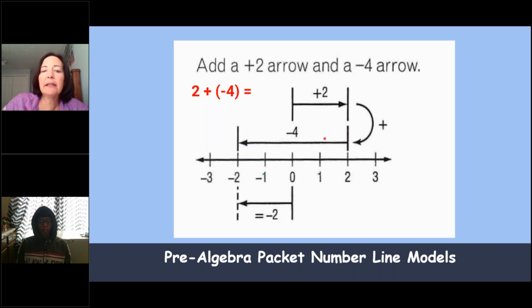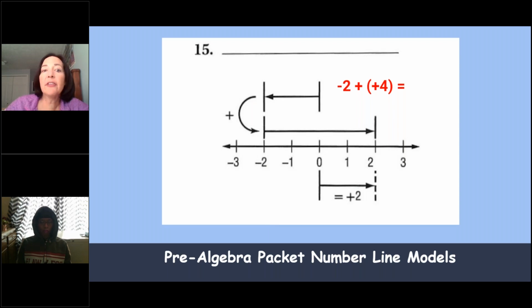So they're modeling going 4 in the negative direction. And they're showing us then that the answer would be a -2. So I believe on this problem, you were responsible for writing the equation and knowing that they were modeling that the answer was -2.